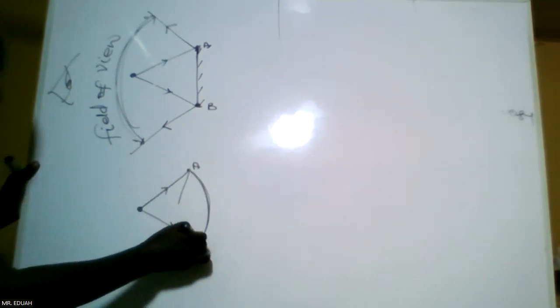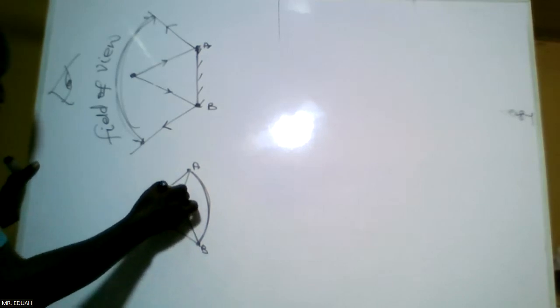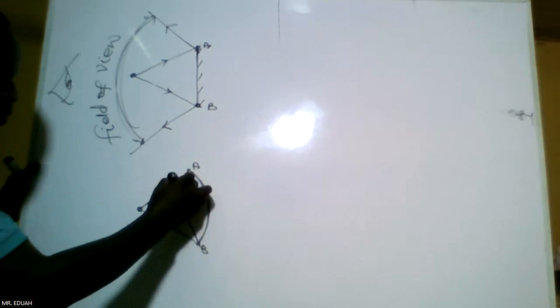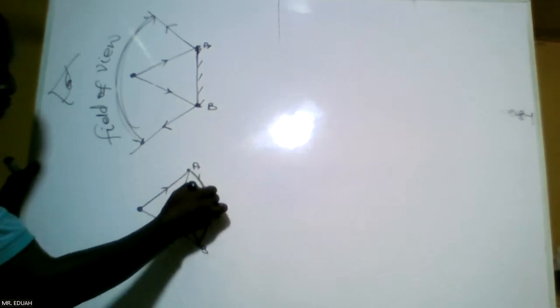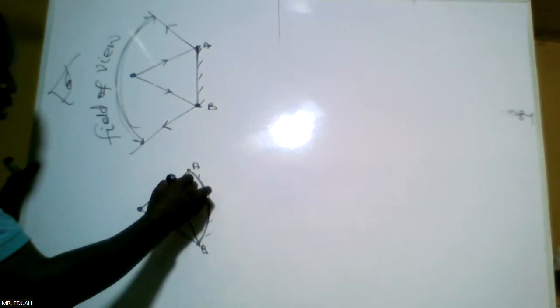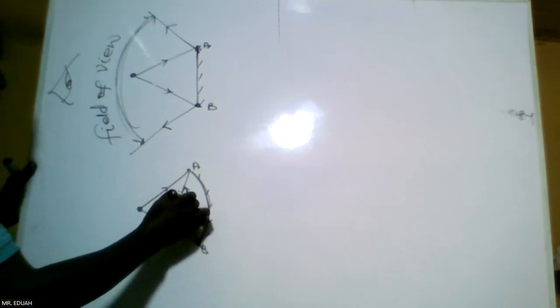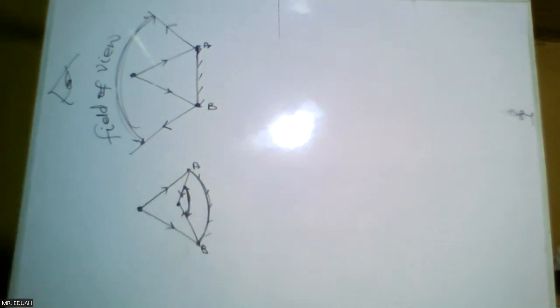So all the reflected rays will be brought to a common point. So for a concave or converging mirror, this is the field of view, very, very small.